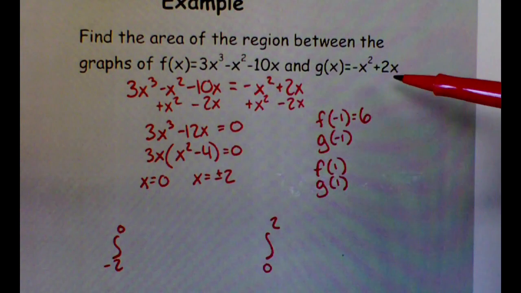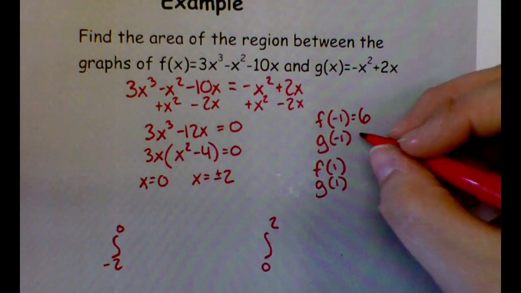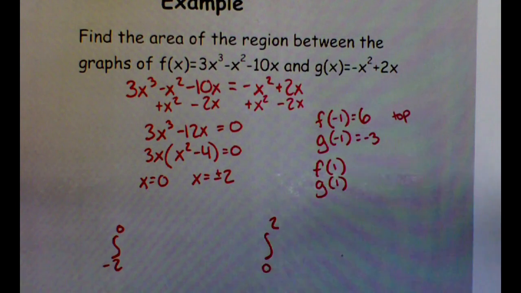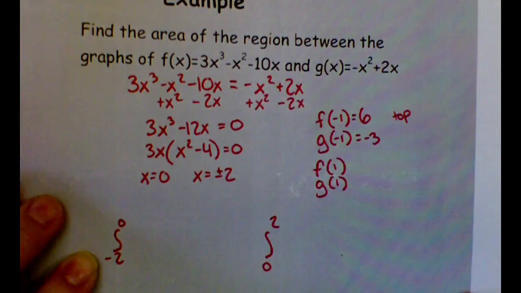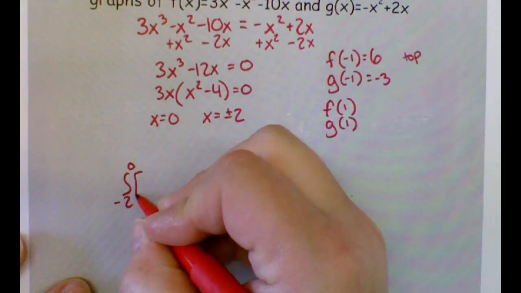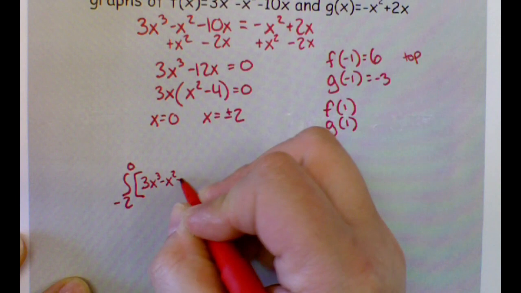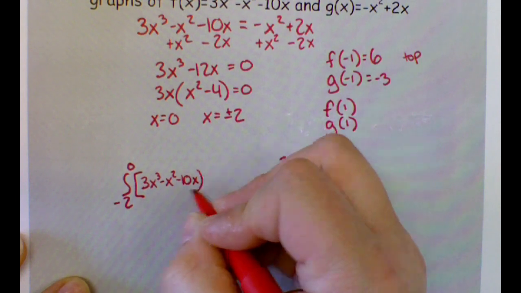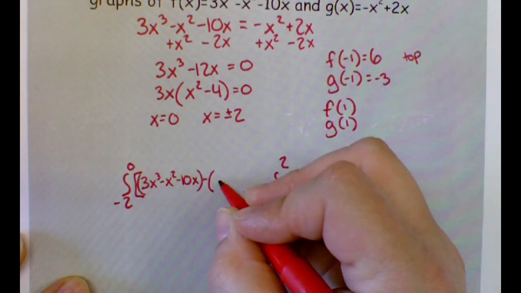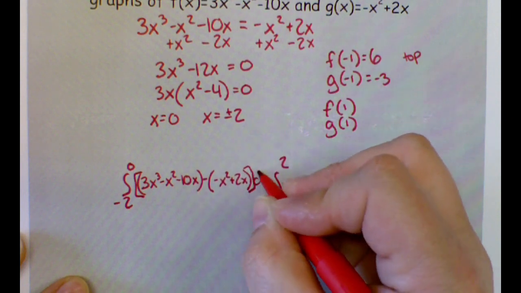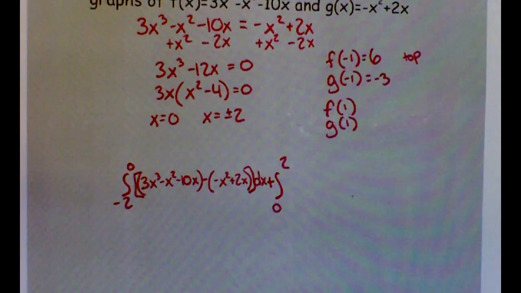G of negative 1 is negative 3, which means f is the top in that section. So this section here, f is the top. So we'll take 3x cubed minus x squared minus 10x minus negative x squared plus 2x dx. Sorry, I should have left myself more space then.